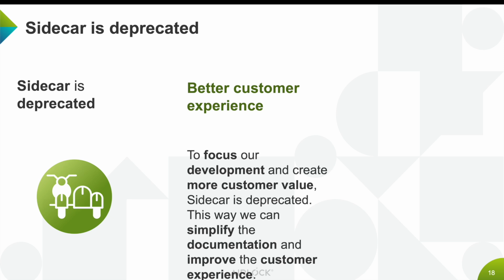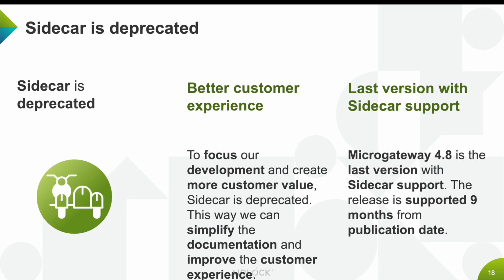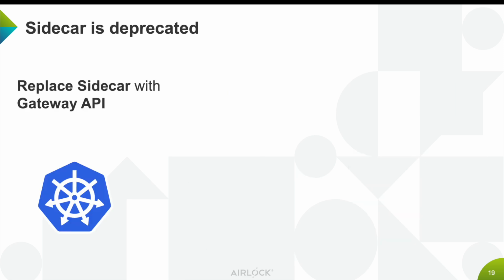This way we can simplify the documentation and improve the customer experience. This means Microgateway 4.8 is the last version with sidecar support. The release is supported for 9 months from the publication date. Switch to Gateway API if you were using Sidecar.